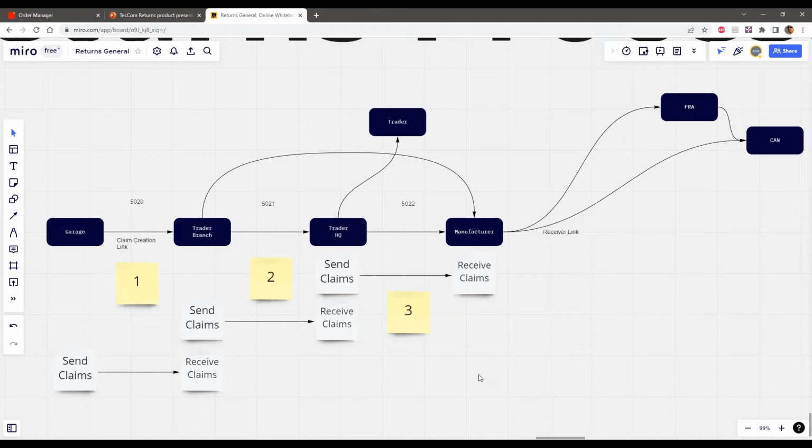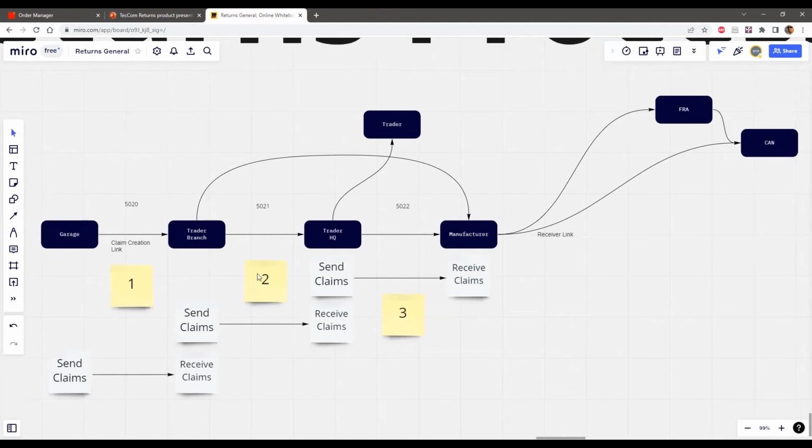Okay, I think this is a good starting point. What you can also see in this process is that we always have a claim sender and a claim receiver. In our case, every one of these parties is either claim sender or claim receiver. If we continue with this string, the manufacturer, for example, is the sender and the next party is the receiver.